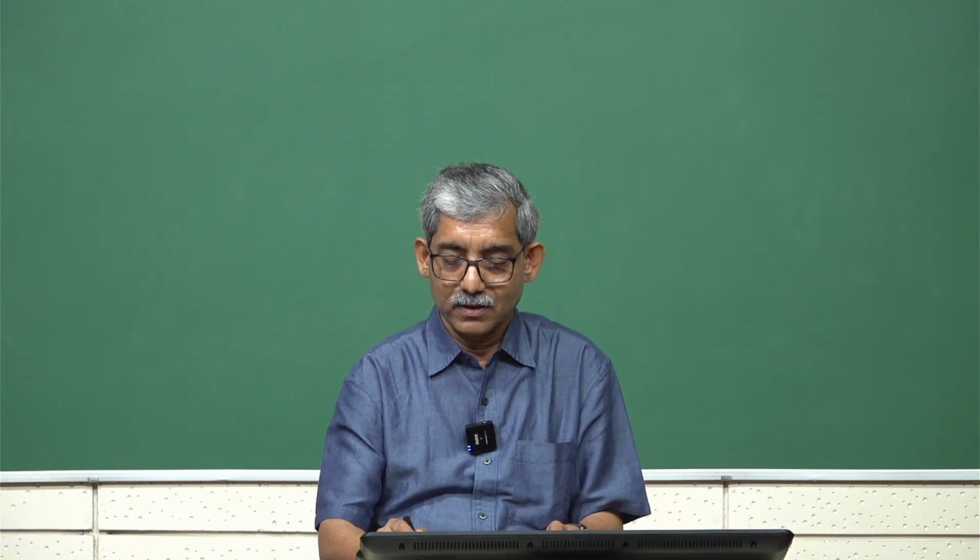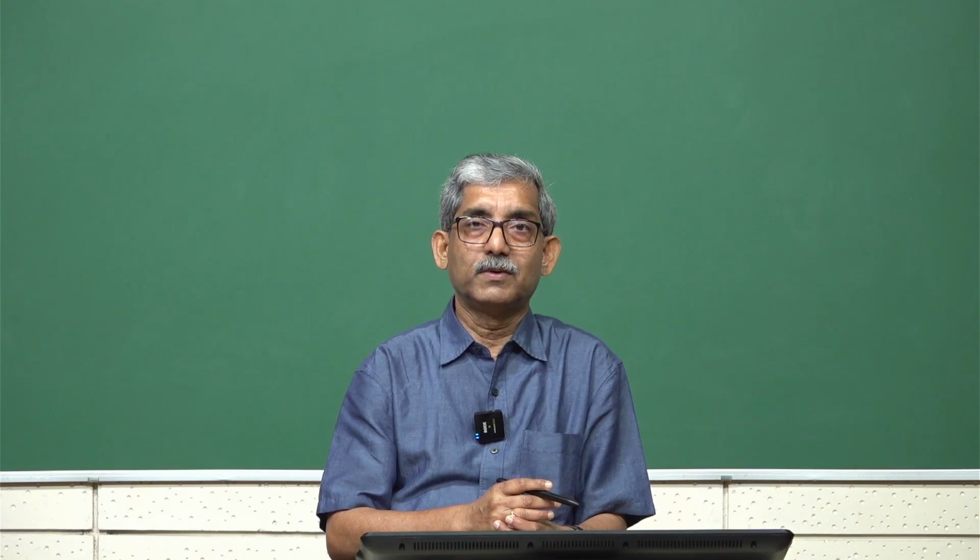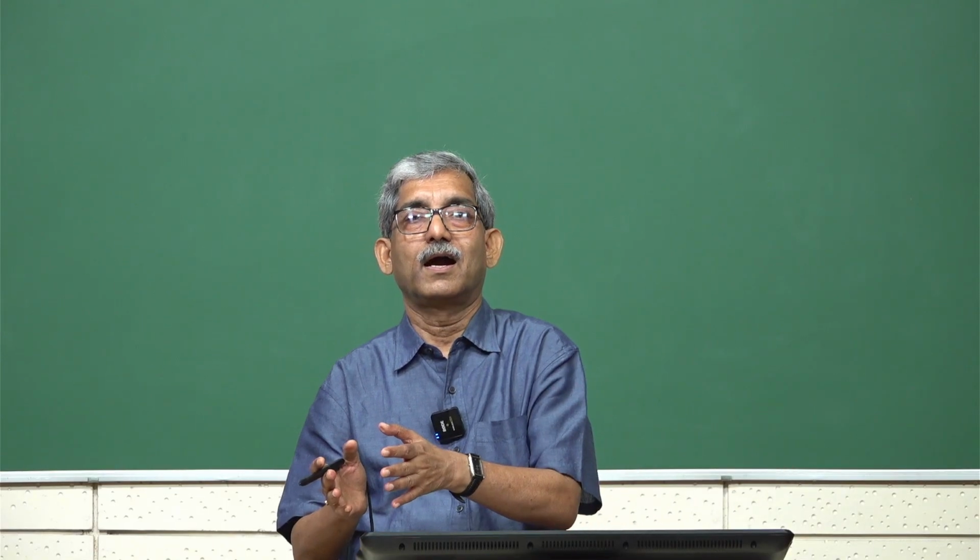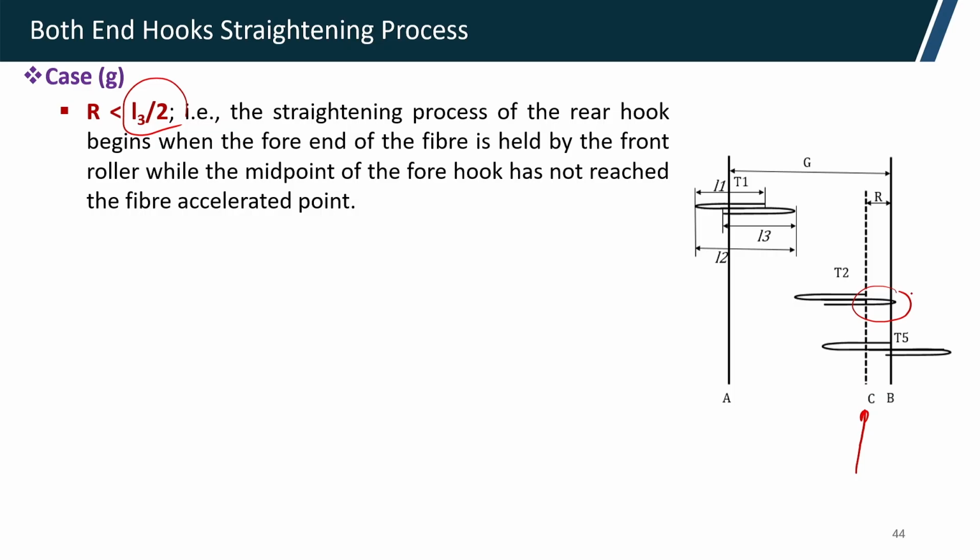Before the leading hook reaches the accelerating point, that means the leading hook is not moving at the front roller speed, the tip of the leading hook has reached. That means, there is no chance of the leading hook getting straightened. So, it will be as it is, the leading hook will move, that is R is less than L by 3.